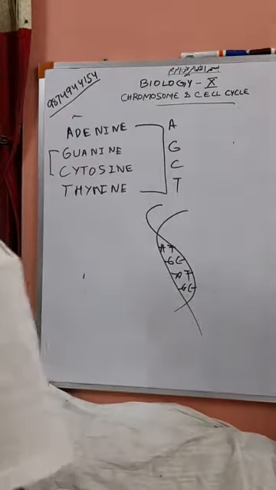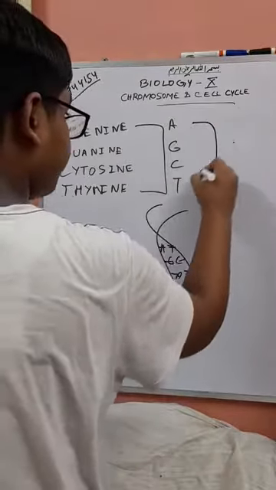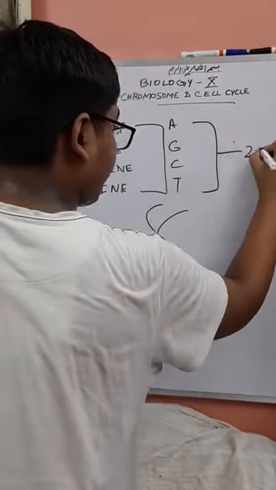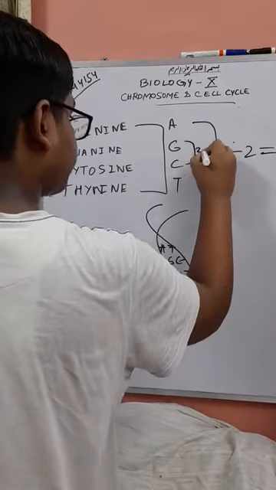Now, adenine and thymine will be combined together in 2 bonds, and guanine and cytosine will be combined together in 3 bonds.